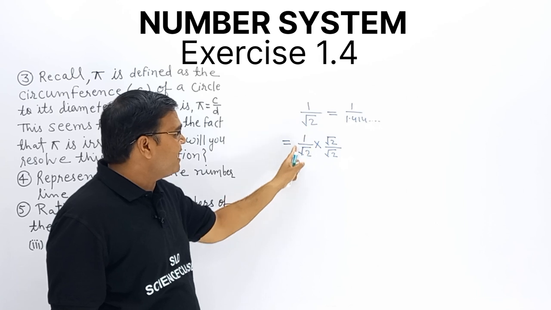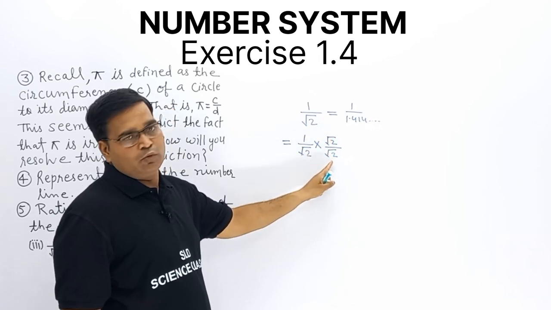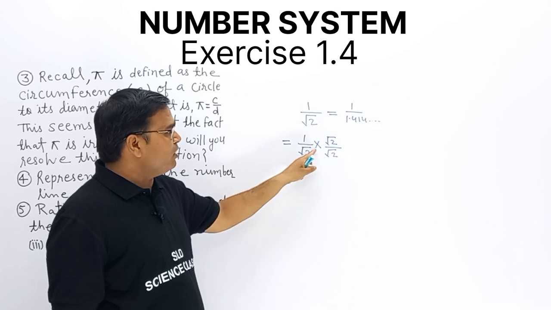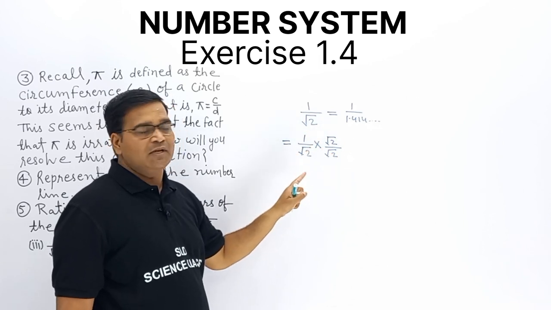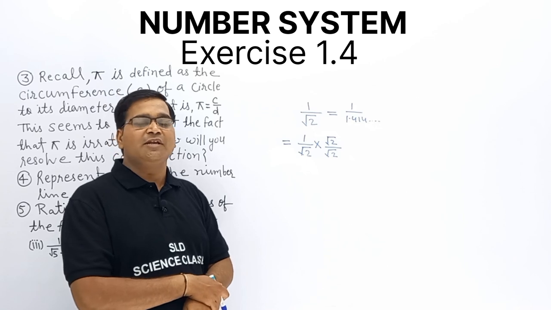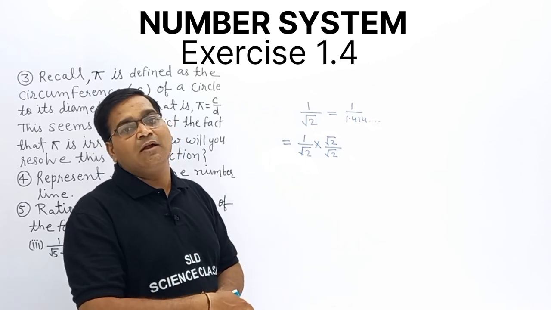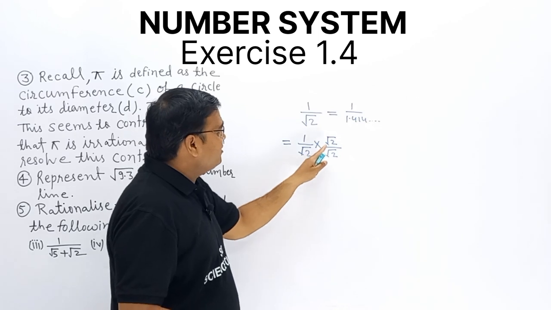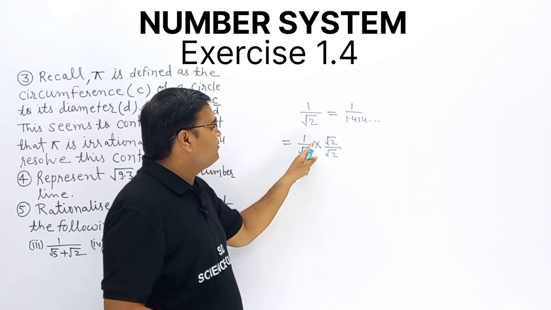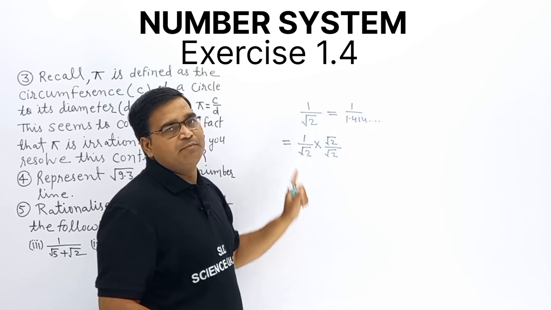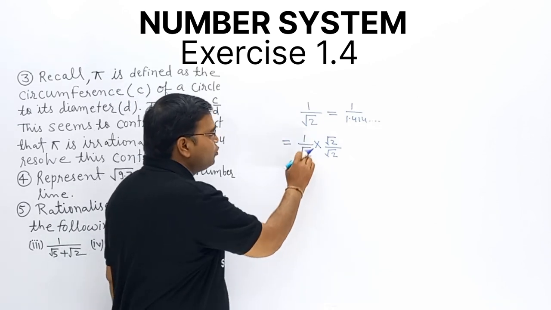Root 2 upon root 2, what is this? Once we cancel both, we get the original number. If any number is multiplied and divided by the same number, the result is unchanged. So there is no change in our original number.